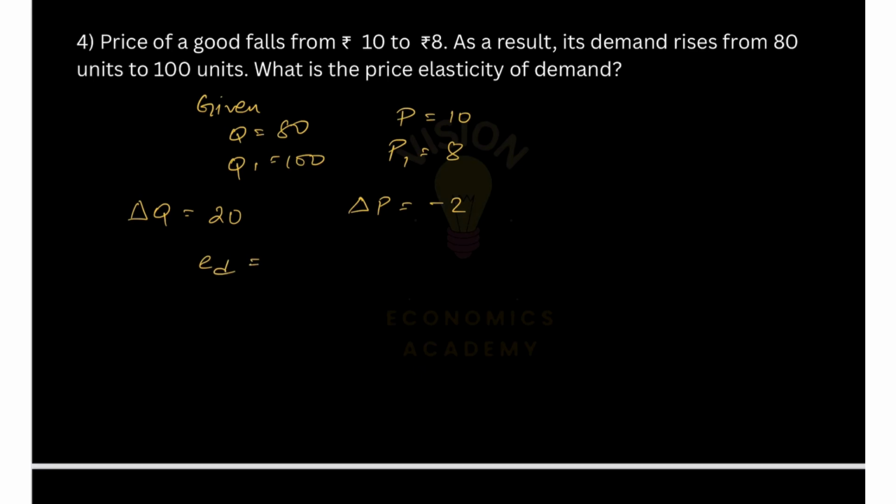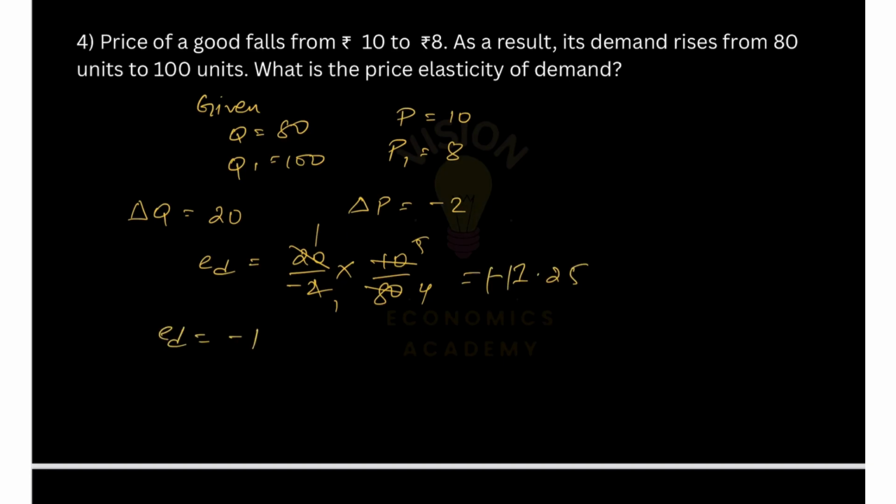Elasticity of demand is, I'm not writing the formula, I'll straight away put the value: change in Q is 20 by change in P is minus 2, into price, that is 10, by the initial quantity, 80. 2 ones are 2, 2 fours are 8, 2 ones are 2, 2 fives are 10, so 5 by 4 is again 1.25, minus 1.25.